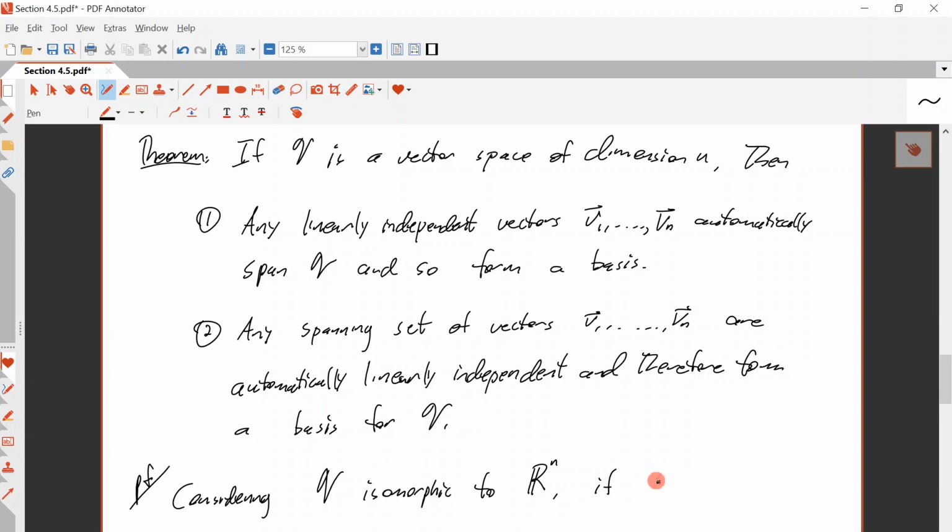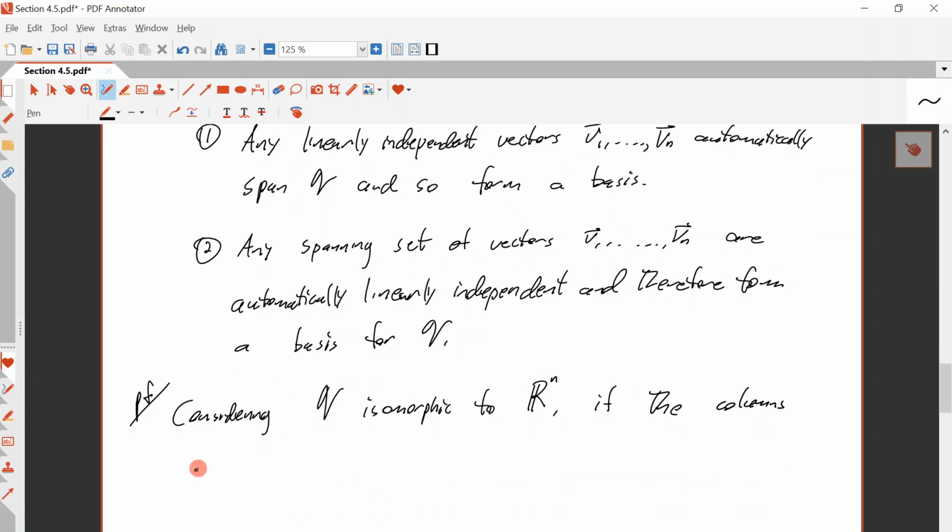So if the columns of A, equal to v1 to vn, are linearly independent, then there's a pivot in every column.